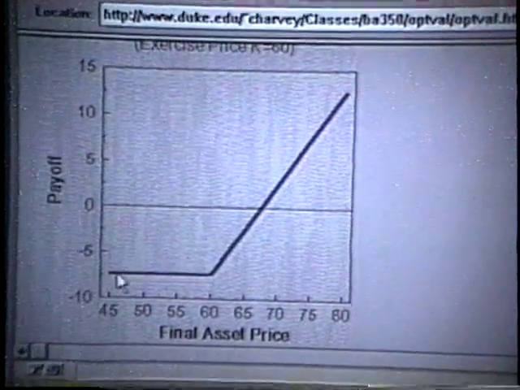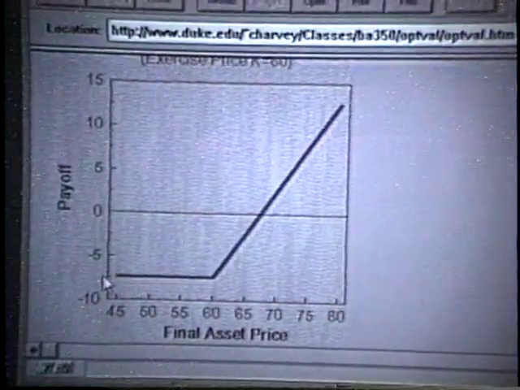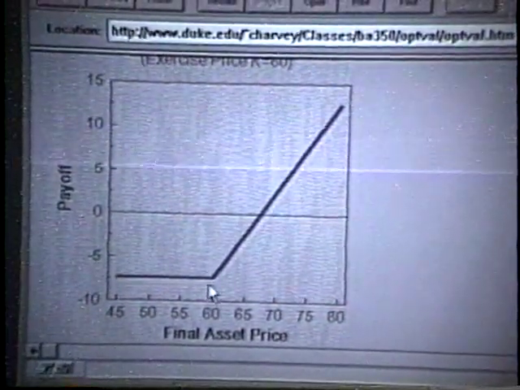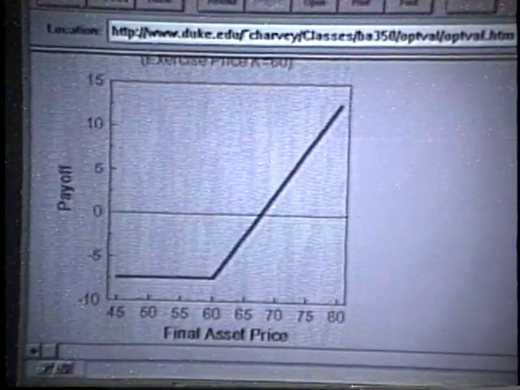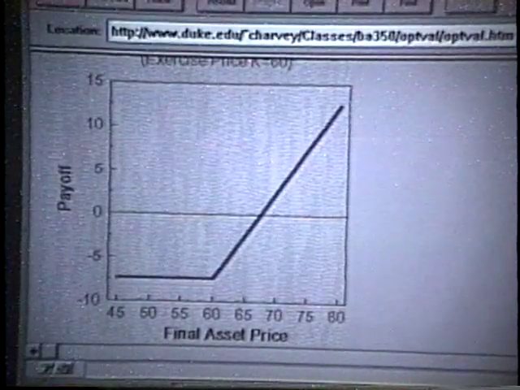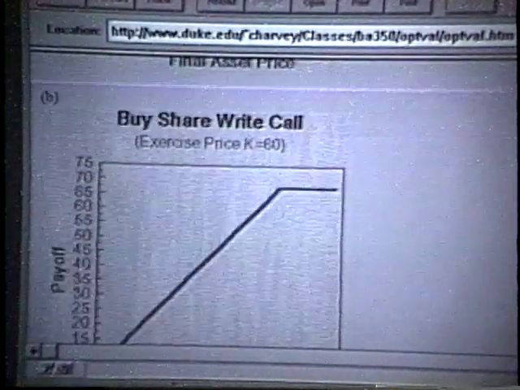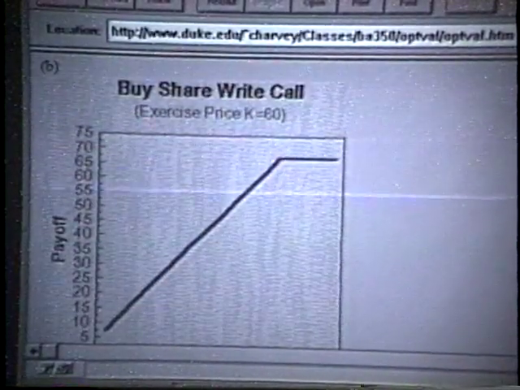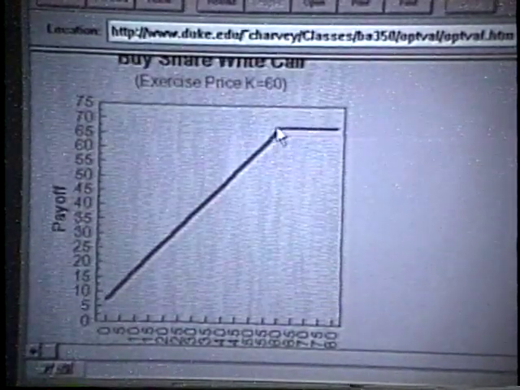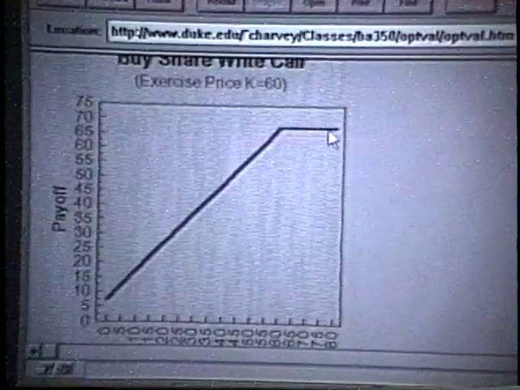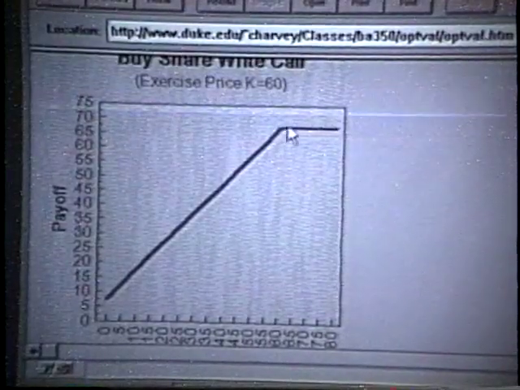The net payoff takes the price of the option into account, and it kinks up at $60. That's part A. That's pretty easy. Buy one share and write one call. Well, here's the share, and then we lose the upside when that written call goes into the money.